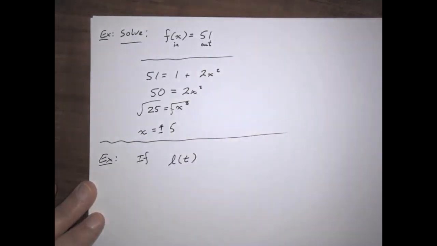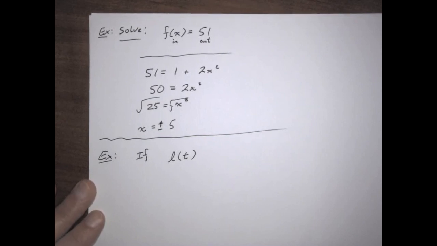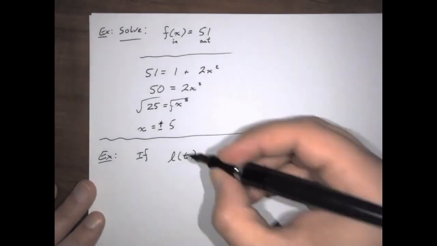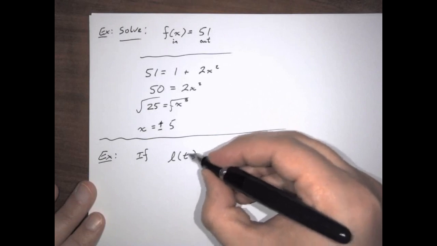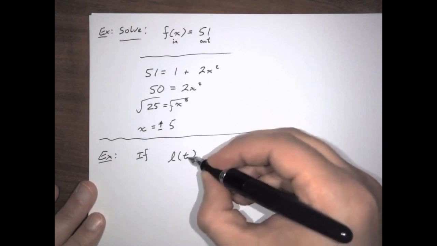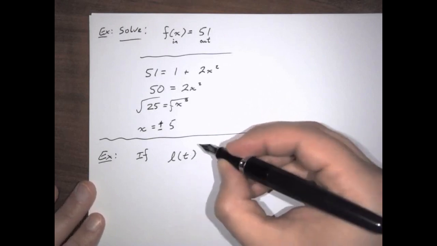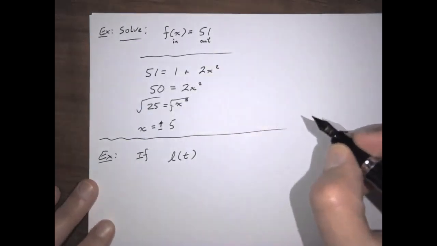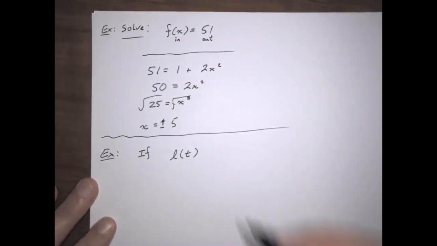So the letters for functions can be anything. Typical letters are F, G, and H, but they can be anything. They can be L's, they can be M's, they can be anything you like. And the typical letters for the input will be frequently x, and then very often also t, and then other letters besides that will be a little bit less common.